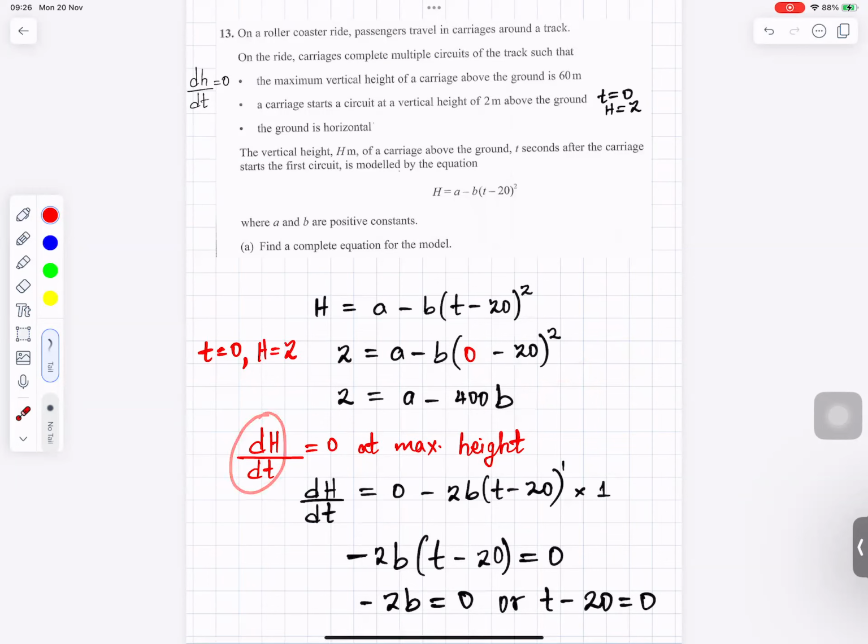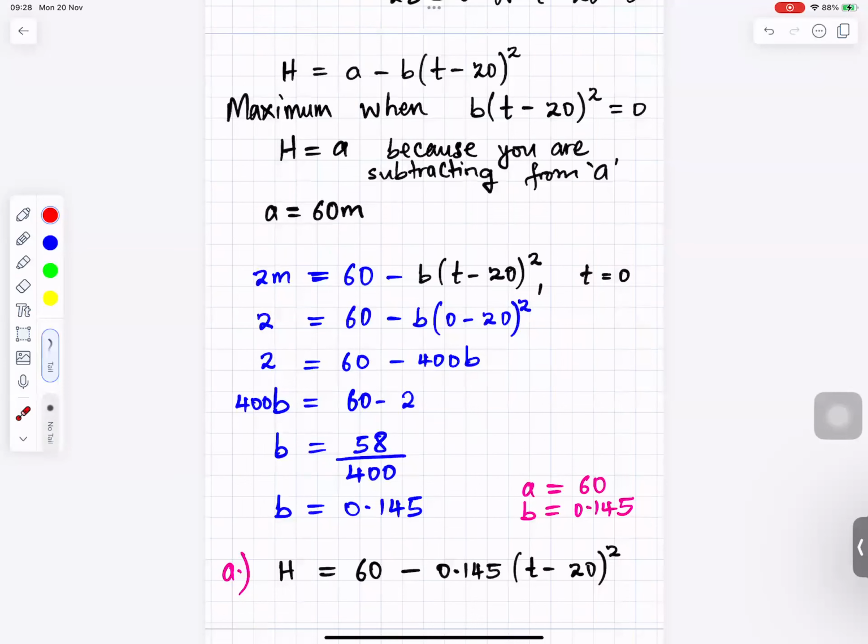dh over dt equals 0 at the maximum. So when you differentiate that, you get 0 minus 2b bracket t minus 20 times 1. And you simplify that, you get that expression there. So it's very important to understand this part.